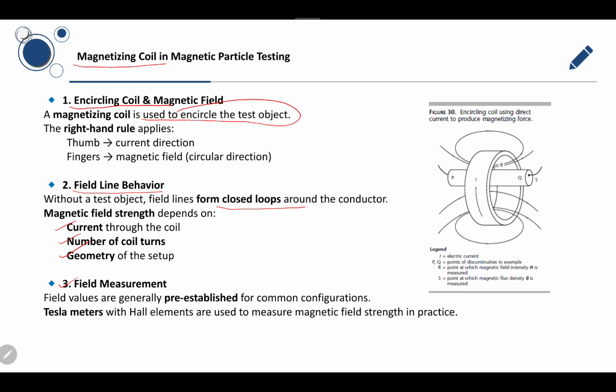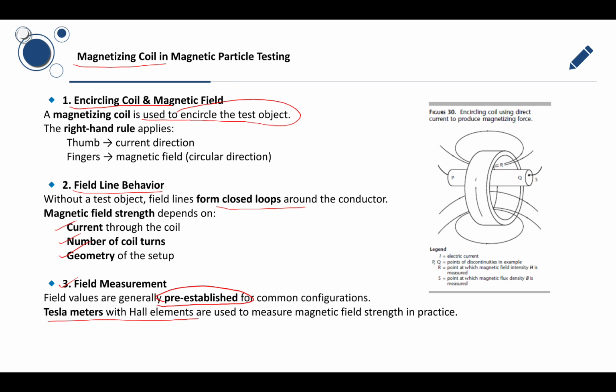In many common configurations, field values are pre-established. However, in practical applications, we use Teslameters with Hall elements to accurately measure the magnetic field strength. This ensures we are applying the correct amount of magnetization for effective inspection.